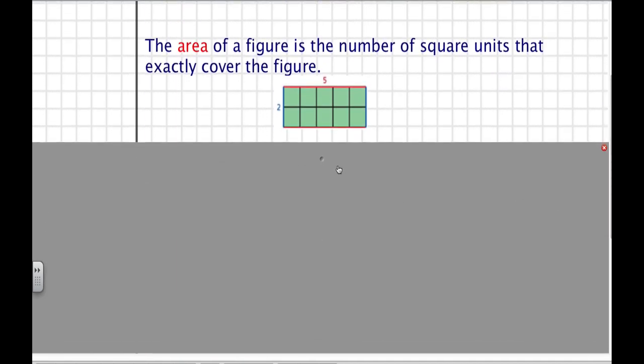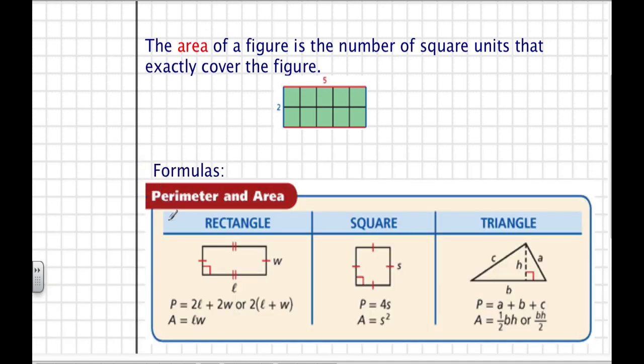So now let's talk about the formulas for these things. A rectangle has often what we call length and then width. So the perimeter of that rectangle is 2 times the length plus 2 times the width. Right?